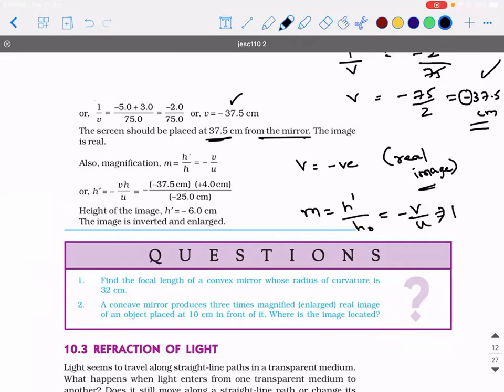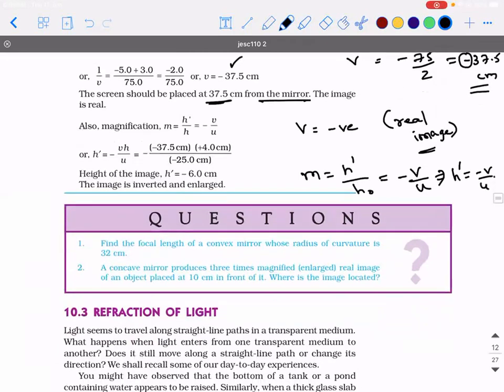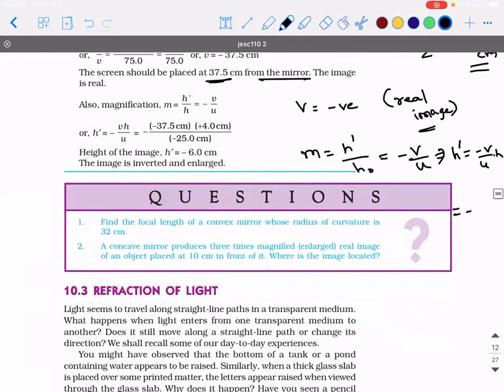Which implies h dash is equal to minus v by u into h. So minus is in the formula, let's not disturb it. Minus of what is the value of v, guys? V is minus 37.5. Very good. I was expecting that minus.